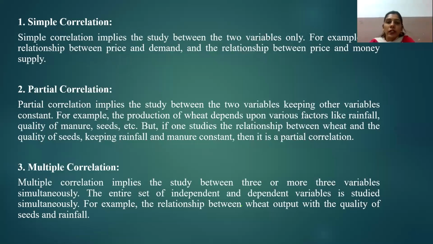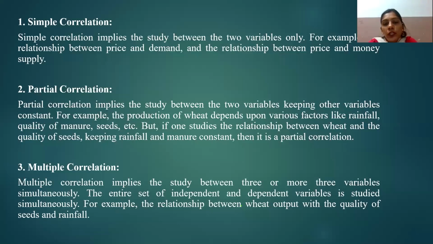In simple correlation, we study the relationship between two variables. In multiple correlation, we check the correlation among three or more variables, and in partial correlation we check the correlation between two variables while the other variables remain constant.